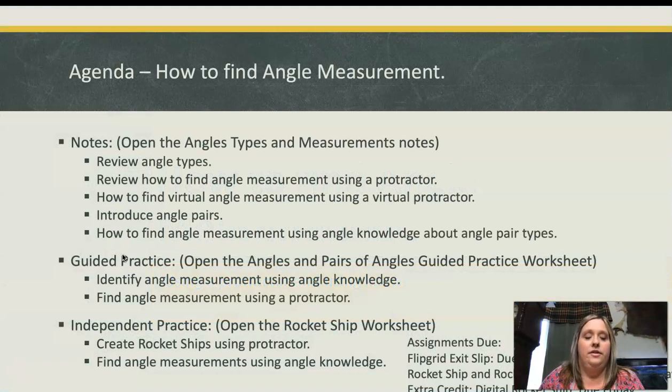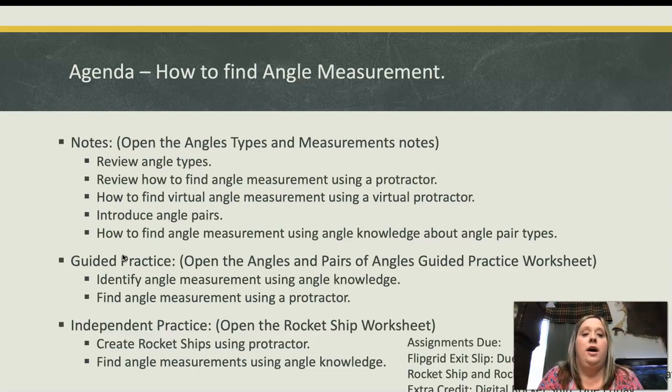So here's our agenda for the day. We're going to be talking about the angle types and measurements, and we're going to review angle types first and review how to find angle measurements using a protractor, which should be really review for everybody. So you can find these notes in our Google Drive class document folder. And you can either print them and handwrite as we're going along, or I will also show you a method where you can keep the document in digital form, so you can do it on screen.